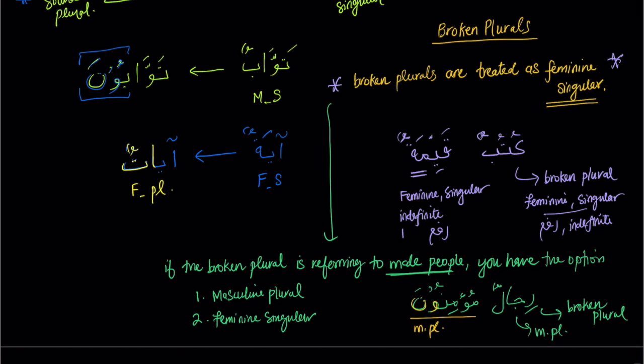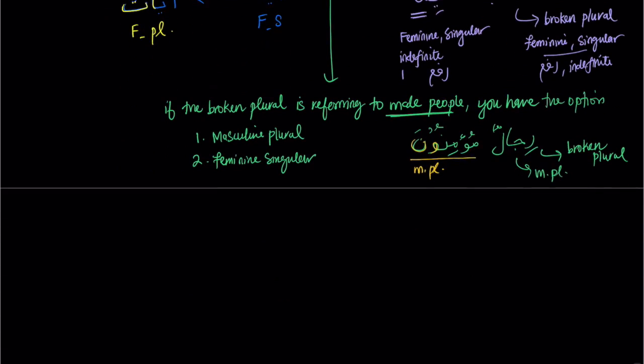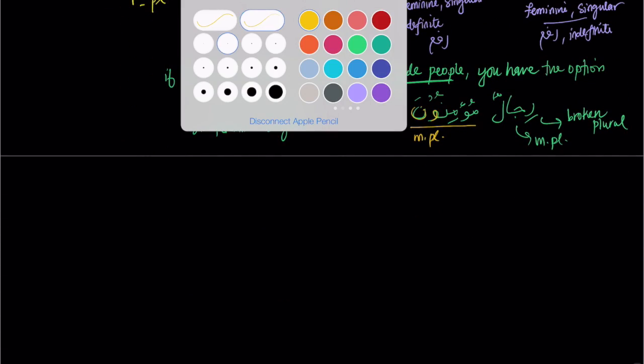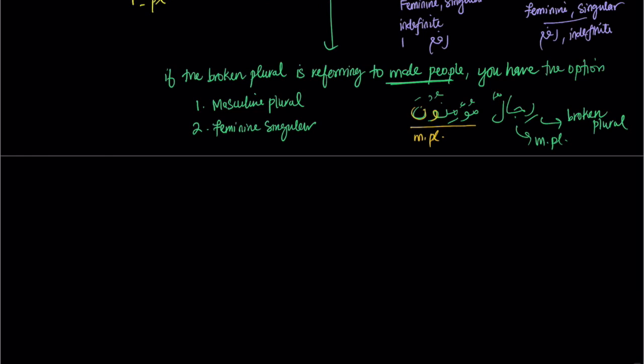Okay, now there is just one final thing I want to mention because this is seen in the Quran: there are some isms that are singular in form but plural in meaning, and so these isms can have plural adjectives. The main example I want to talk about is the word qawm. Qawm means people.